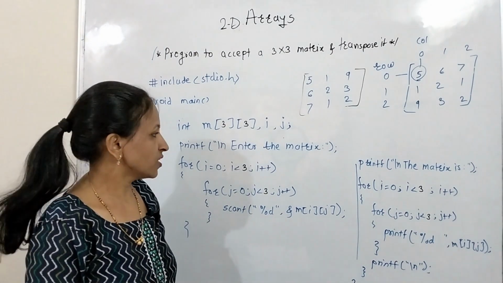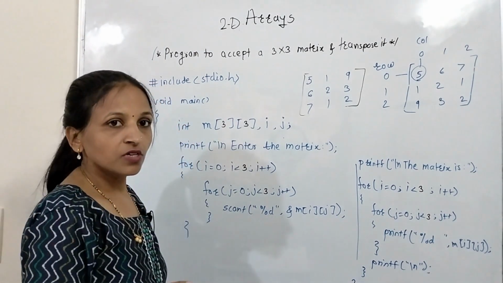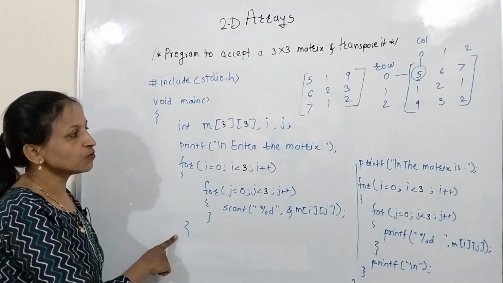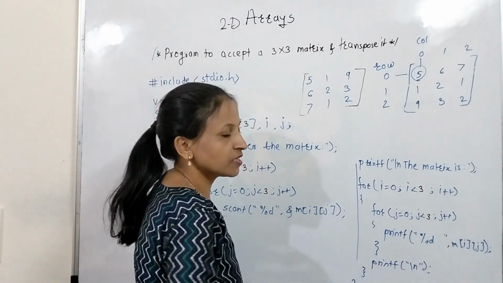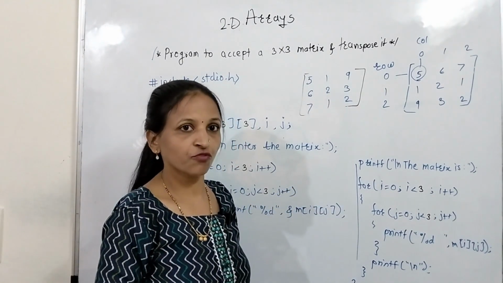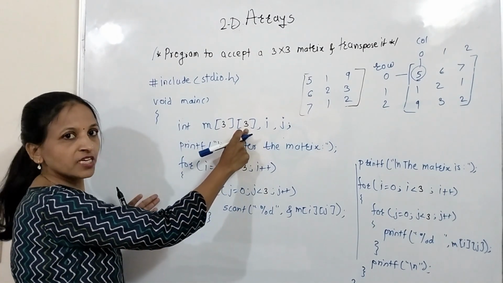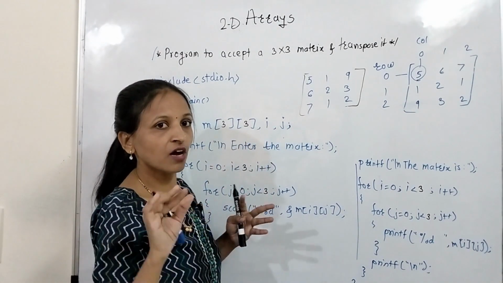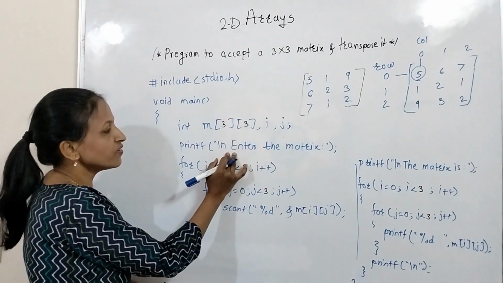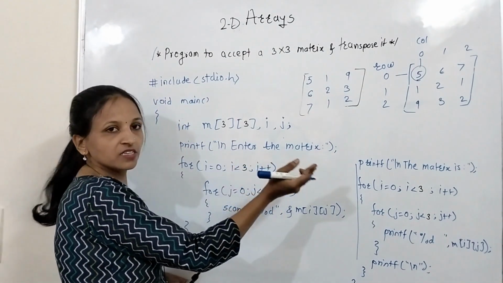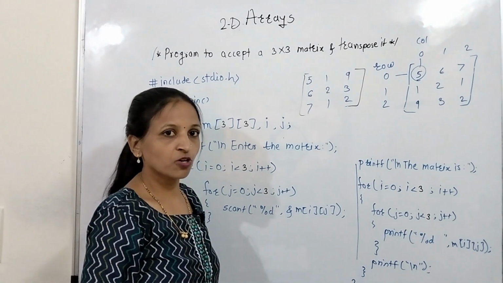For that I am going to explain the program for how to do this transpose. See, I have written here how to accept a matrix and how to display the matrix. We have already seen the logic for that, but again I am going to explain. We have declared a 3 by 3 matrix here, with i and j for the outer loop and inner loop. I have written printf enter the matrix, and this message will get displayed on the output screen.